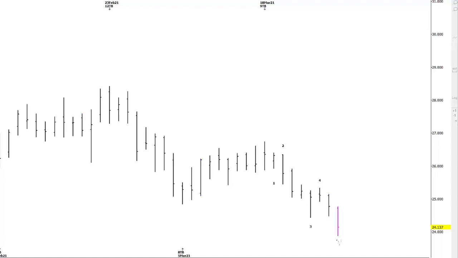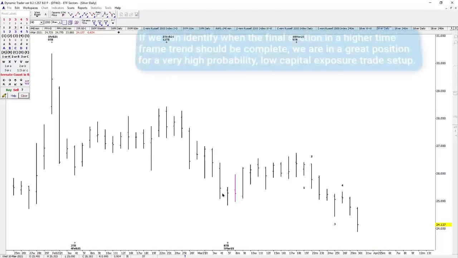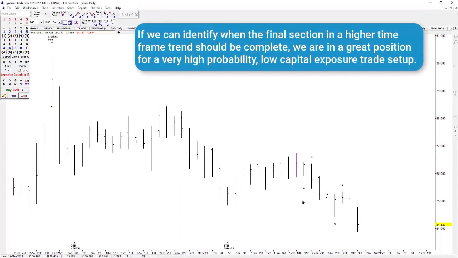And if that's the case, we're already in the 5th section or the 5th subdivision of this last section down. And the 5th, in this case, the 5th of the 5th, or the 5th of the E, either way, we'll just call it 5th of the 5th, should be the final short-term section down before we complete the entire decline from that high. That's a pretty important piece of information to have.